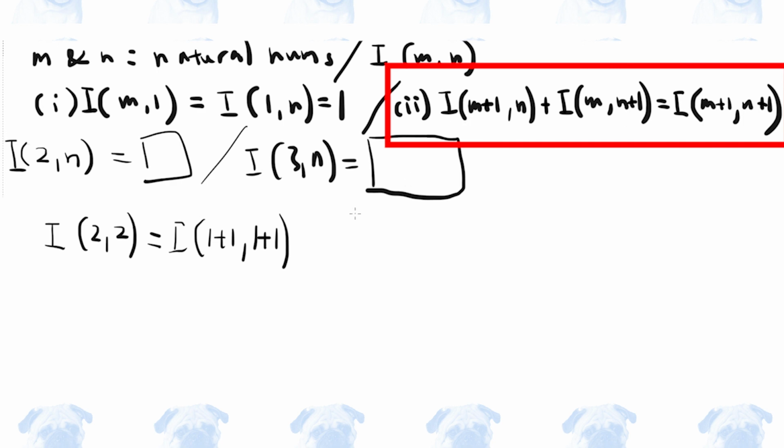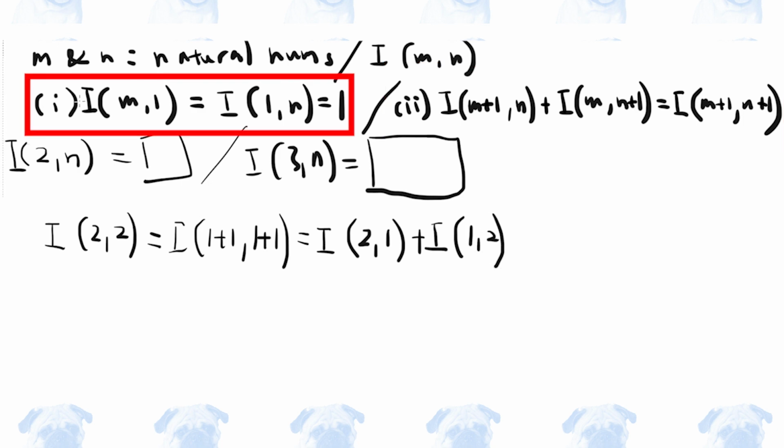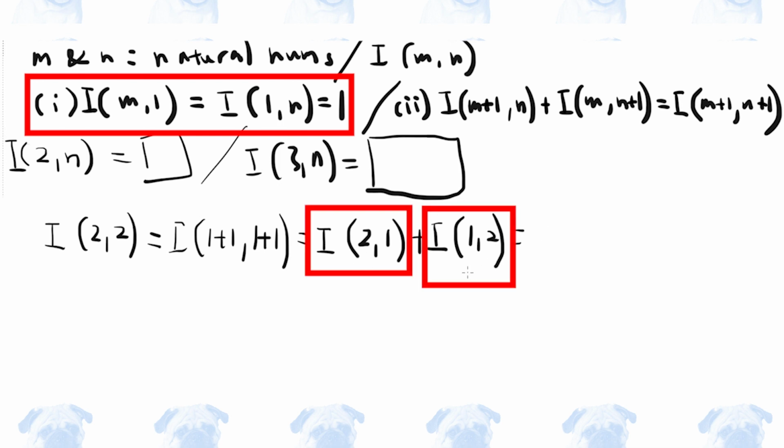So using the second rule, this can be divided into two parts: I of 2, 1 plus I of 1, 2. And from the first rule, we know that if either of the arguments is 1, the output is going to be 1. So this is 1 and this is also 1. So 1 plus 1, which is 2.